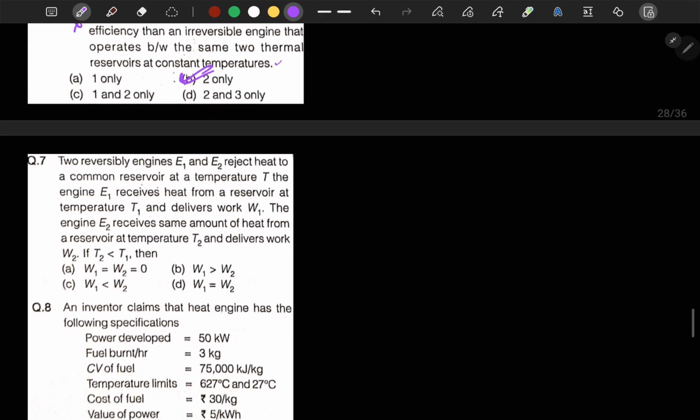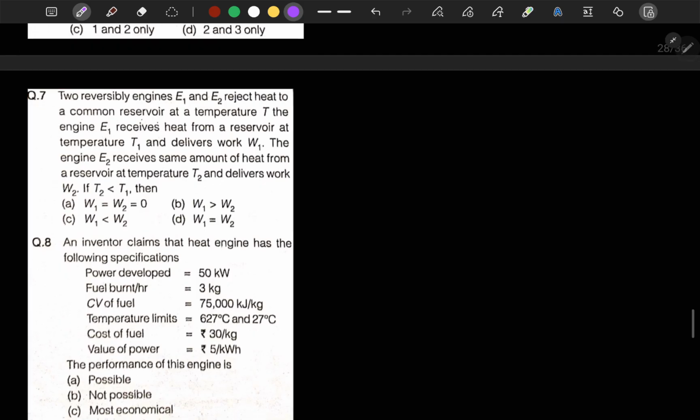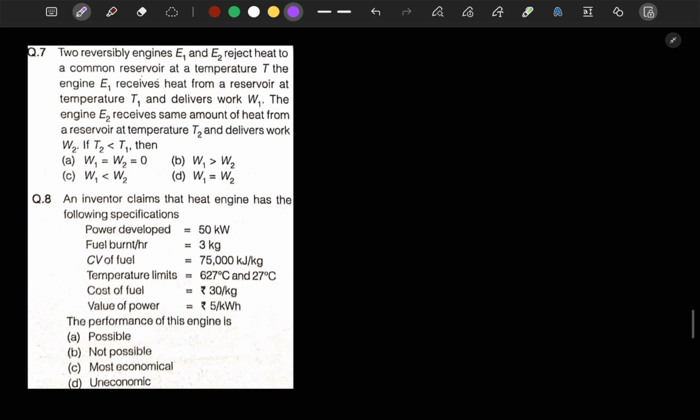Okay, next. Two reversible engines E1 and E2 reject heat to a common reservoir at temperature T, and engine E1 receives heat from T1 and delivers work W1. The engine E2 receives the same amount of heat from a reservoir at temperature T2 and delivers work W2. So two engines E1 and E2 are receiving heat from two different reservoirs.